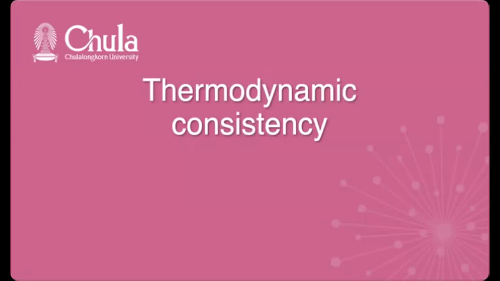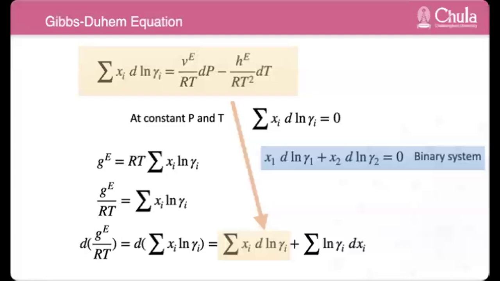If the data agree with, or are consistent with, the Gibbs-Duhem equation, we call it thermodynamic consistency. If it cannot pass the thermodynamic consistency test, then you can discard those data.